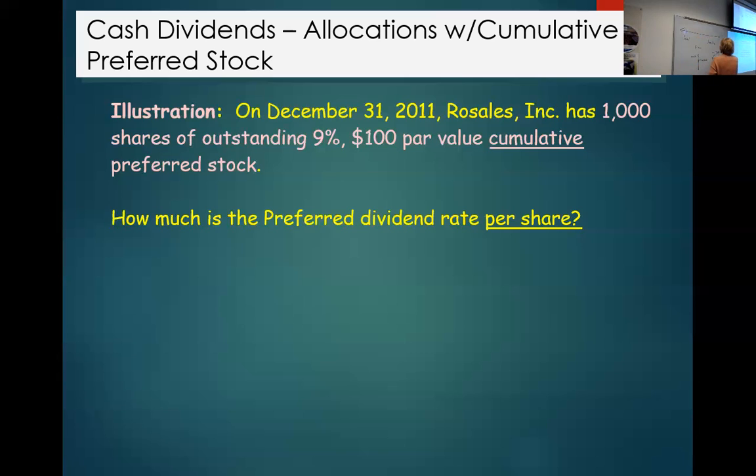If there's enough money for the preferred stockholders, they each get $9 a share. But we only paid 6,000. Because the preferred stock was cumulative, that 3,000 unpaid goes into arrears, which means the next time there's dividends, if there's enough money, you get your normal dividend plus anything in arrears. Could be 1 year, 2 years, 3 years of arrears. Does that make sense?